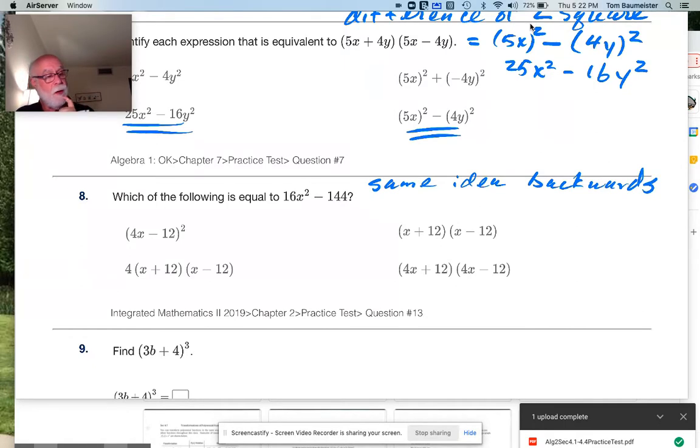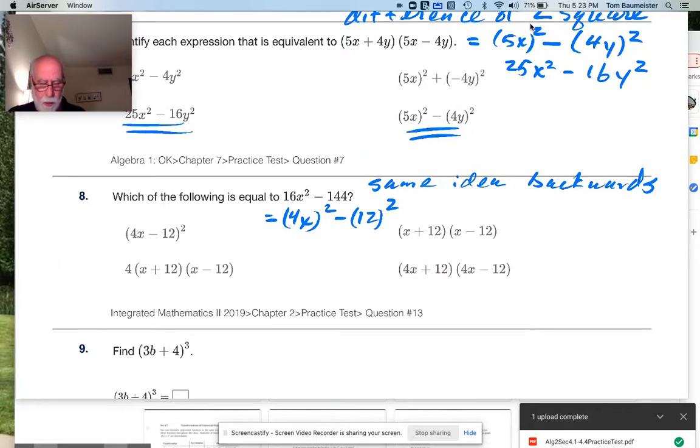All right, so in this one here, if you think about it, what times what gives you 16? That would be 4. And then I'd have 4x squared. And then, remember, I told you you should memorize up to 14 squared, which is 14 times 14. 12 times 12 is 144, so you'll have this.